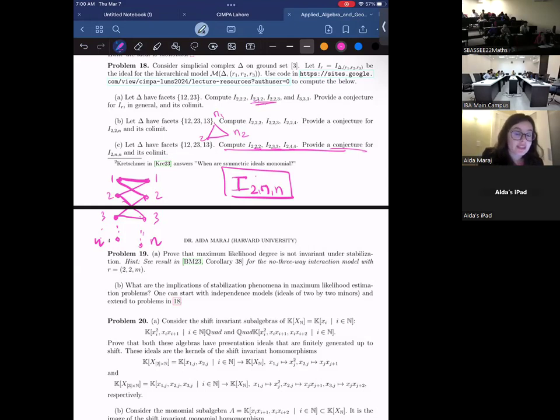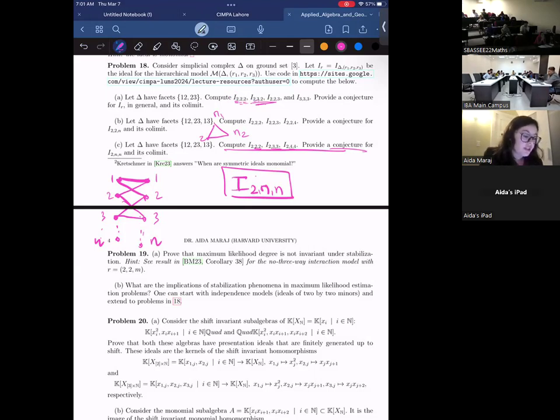So we did give the answer to A. The answer to A was that you only need to compute this here, and the rest is obtained by applying symmetry group actions in each of the indices, not only in one, the same as infinity.